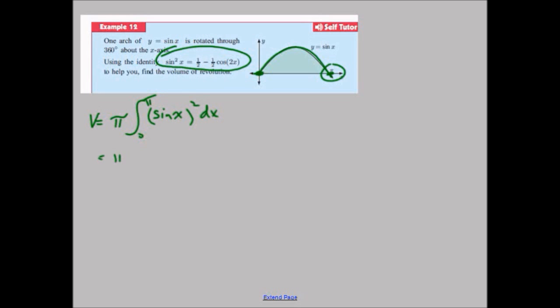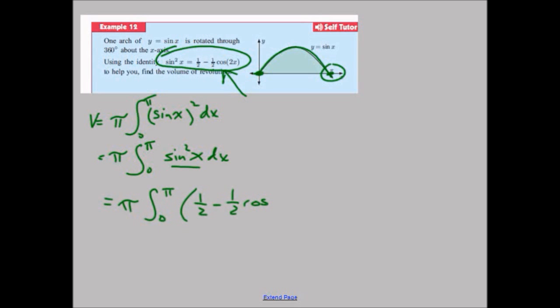So another way of writing that, sine squared x dx. Okay, so this is where our identity is coming in handy. We don't know how to integrate this. Okay, so this identity, these two things are equal, so we'll substitute that in. 1/2 subtract 1/2 cos 2x, and we do know how to integrate this guy.